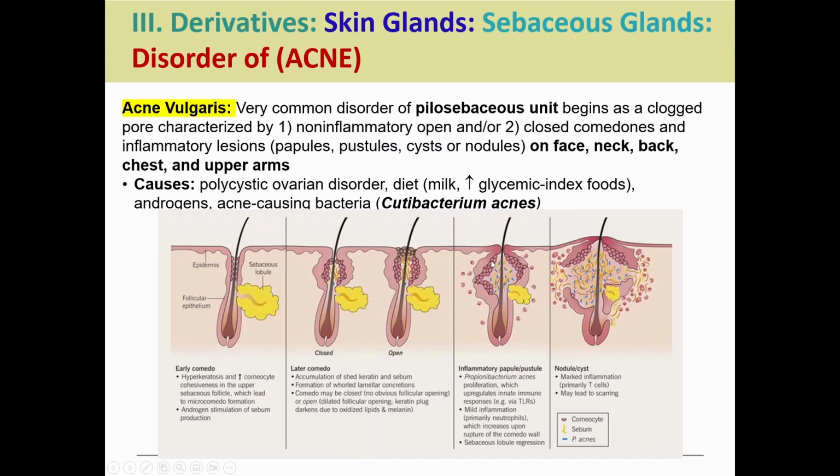Usually we then see this inflammation that occurs, and that's where you see the pimple. So you can have a comedone, which is just a clogged pore, where we have accumulated keratin, accumulated sebum, and then it can become inflamed. And that's where we think, oh, I have a pimple.